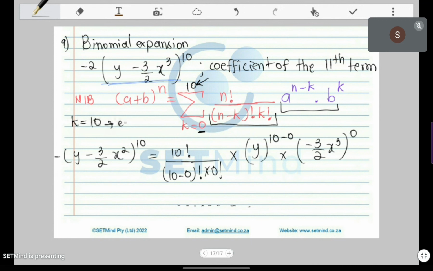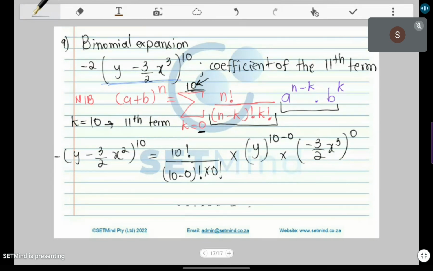Not sure if that makes sense. Because from 0 to 10, we have 11 numbers. So at k is 10, this will be the 11th number because we are starting counting from 0.